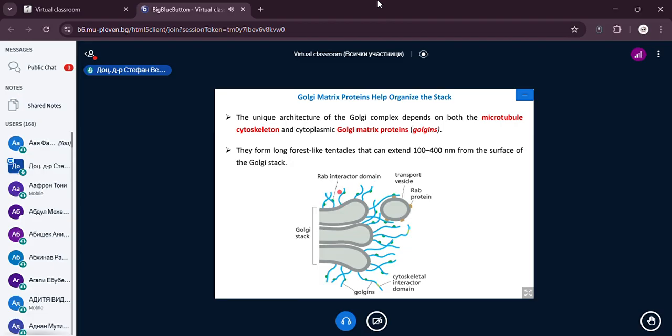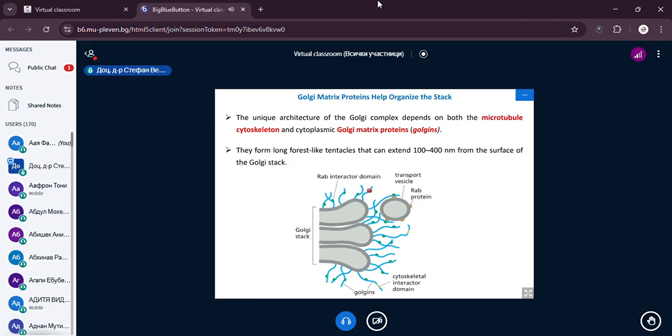These proteins are long tentacle or forest-like proteins which are attached to the surface of the membranes of the cisterns of the Golgi stack, and they interact with microtubules of the cytoskeleton. That's how dictyosome and flattened cisterns become fixed in the cytoplasm in their defined position.